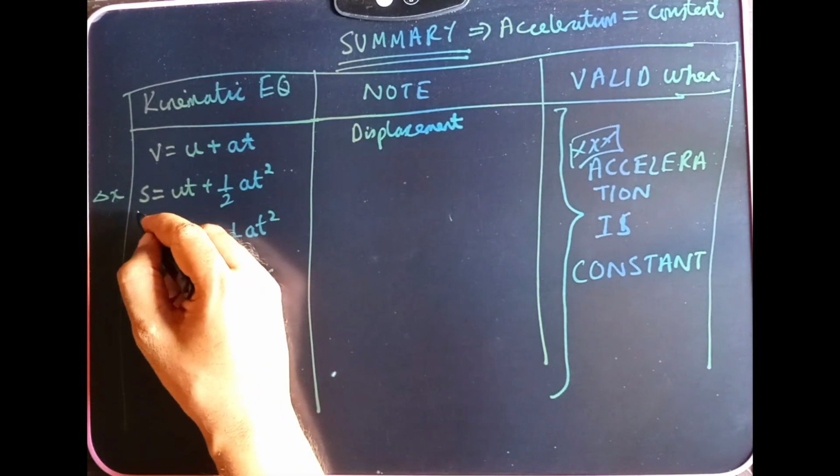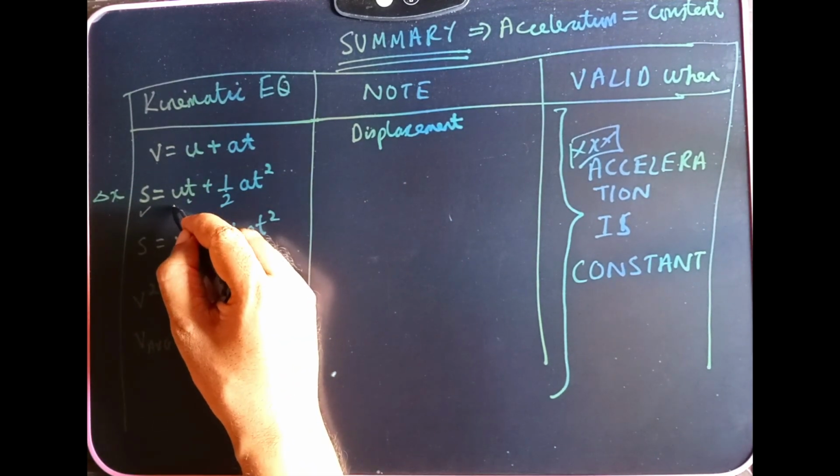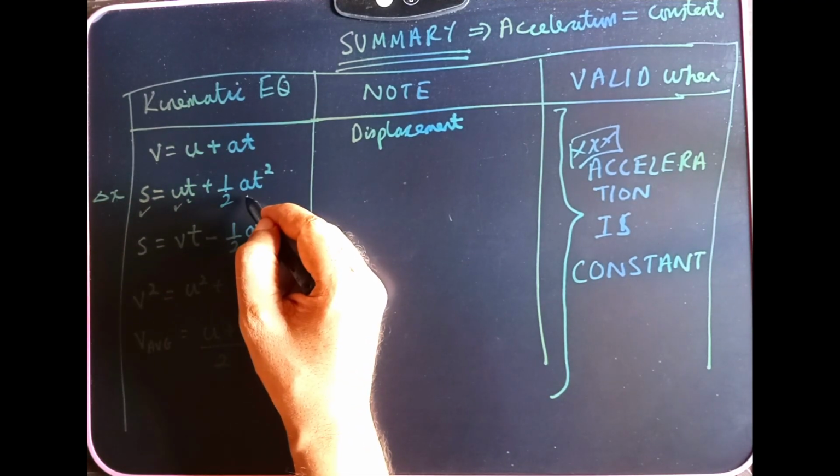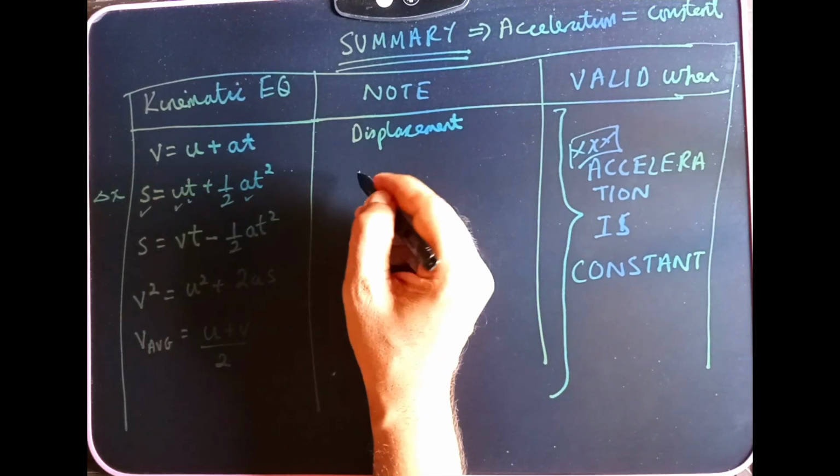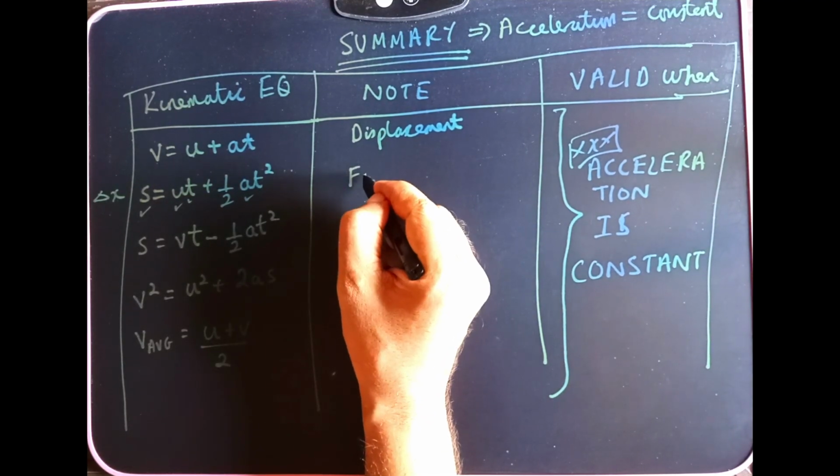Here you have displacement, time, initial velocity, and acceleration, but you don't have final velocity.